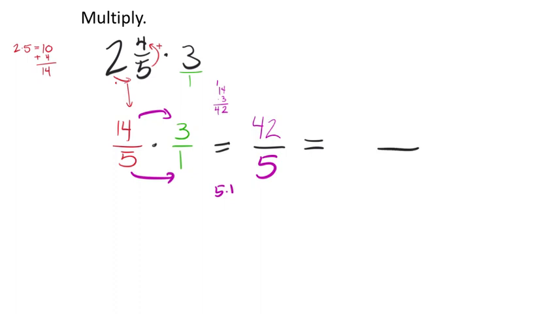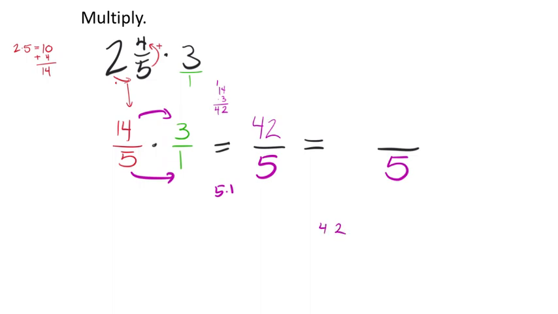So we're going to change it into a mixed number format. And once again, this is not going to change the denominator. So here, where we have fifths, we're going to keep these as fifths as well. And now that we got that, let's go ahead and get into our long division.